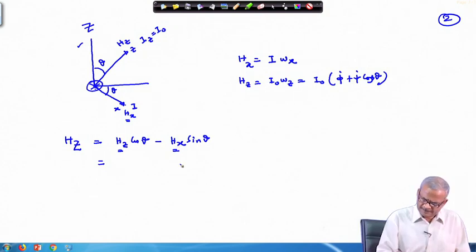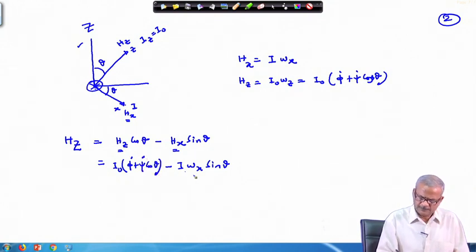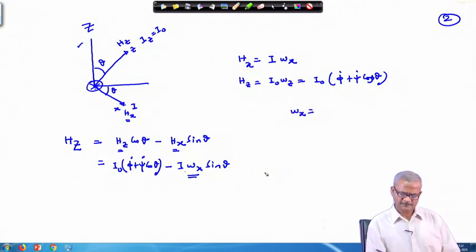So, H x is nothing but I times omega x. Omega x we need to insert here. This comes with a minus sign, and this one comes with a plus sign here. To insert the value of the omega x. Omega x is how much?